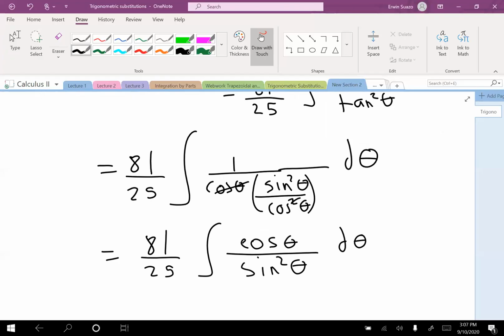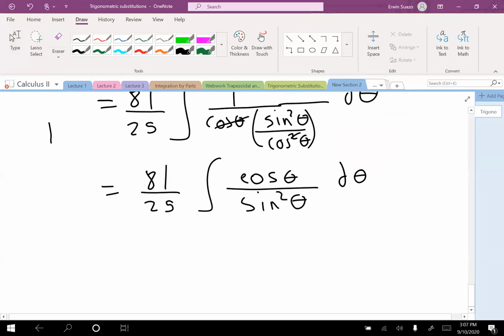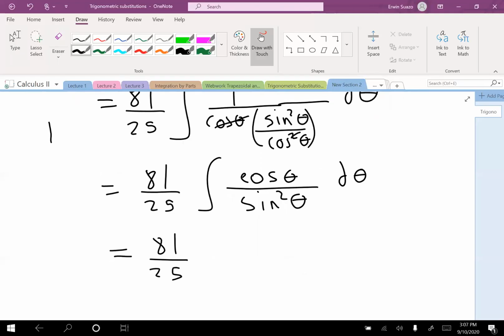Okay, so now we need to make this look similar to some integrals that we have. This is not the only way. There is another way to find this integral, but let's say I choose to do it this way. If we have time, I'll do it the other way, the direct way, in case you don't have a table. But since you have a table, you can write this as cosecant of theta times cotangent of theta, right?